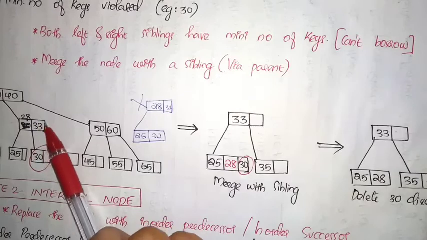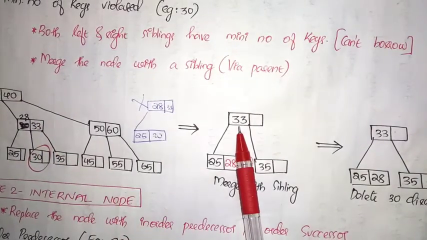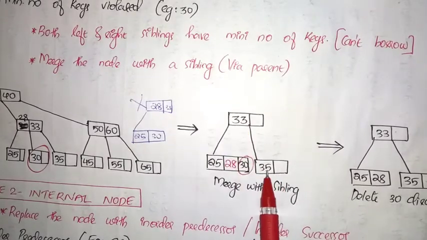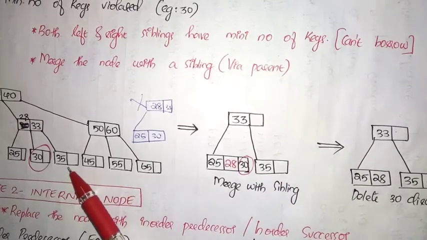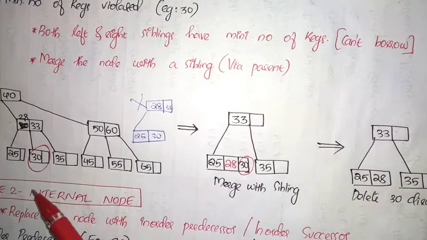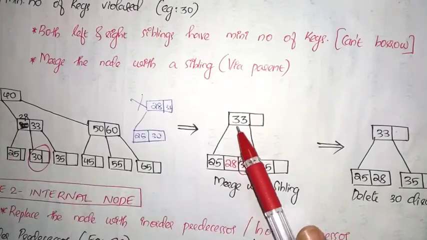In this particular parent node now only a single key value is present, that is 33, and the right child of this 33 is 35, as said exactly in the previous figure. Okay, so this is how we can merge this node with its sibling with the help of its parent node 28.